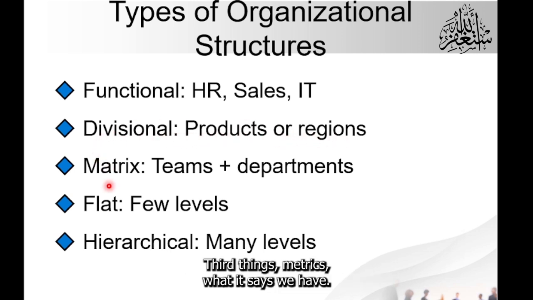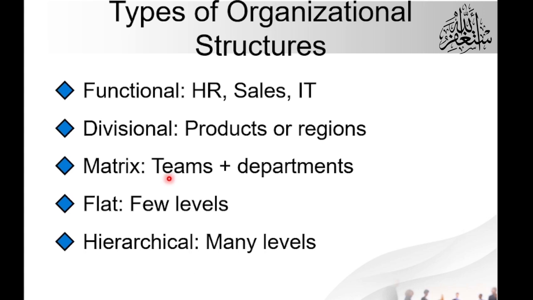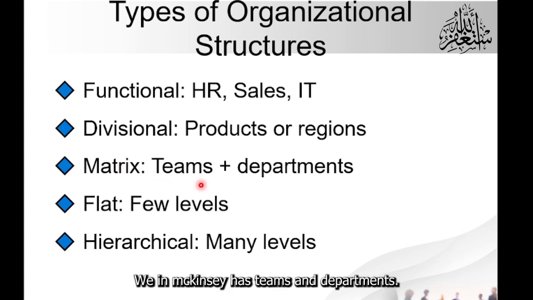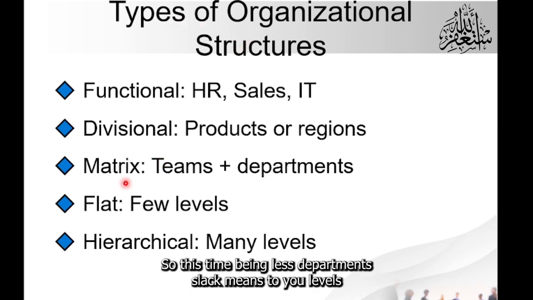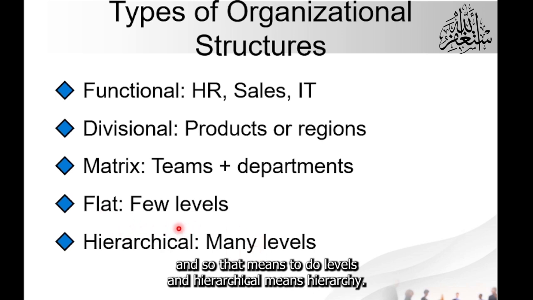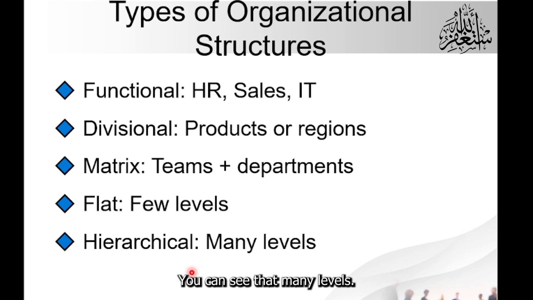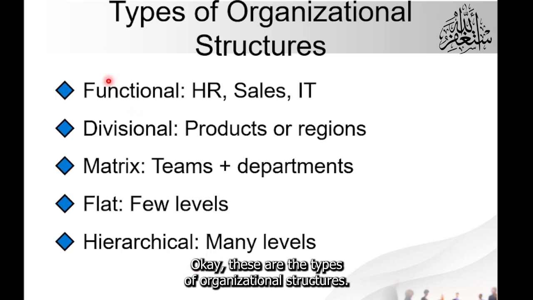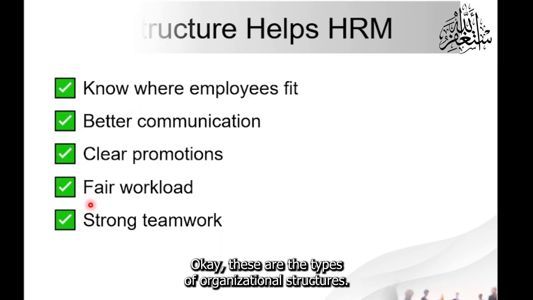Third is matrix, which has teams plus departments. Flat means few levels, and hierarchical means many levels. These are the types of organizational structures.